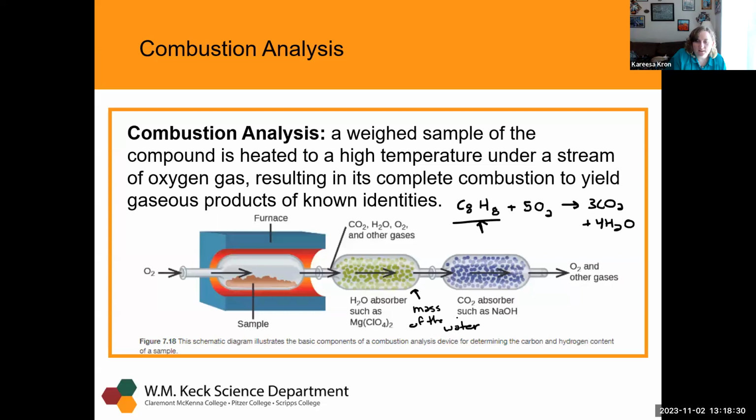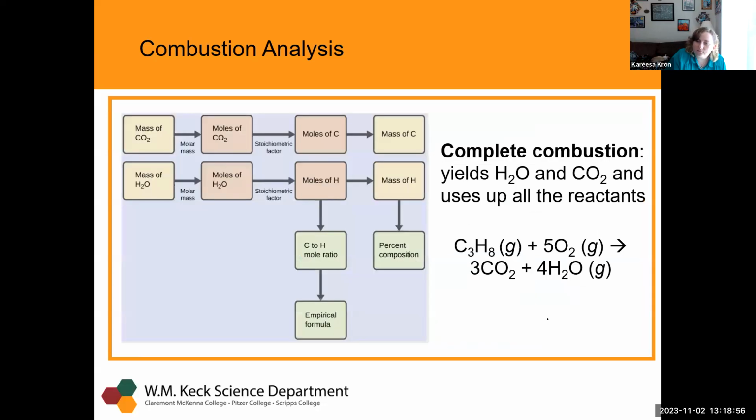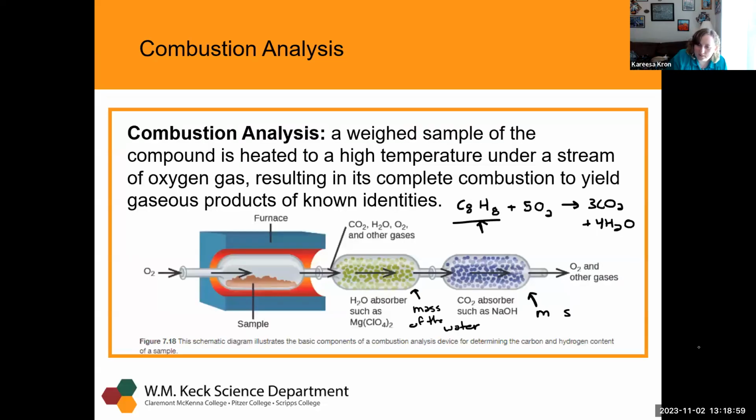And so once again, we're doing a physical separation of different species. We're recording the masses and then helping us understand how much of our propane we had to start, or potentially what the molecular formula of the propane is. And then similarly, downstream CO2 can be absorbed, and then we can mass the CO2 released.